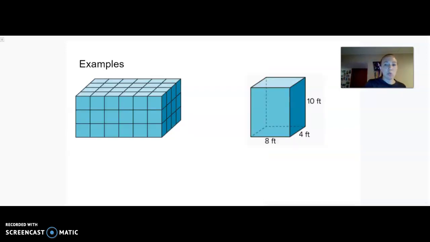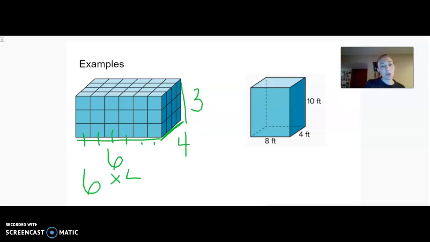Okay, so we'll do this first one together, then you'll try the next one. Let's figure out what the length is first, because it doesn't tell us. We have to count. 1, 2, 3, 4, 5, 6 is the length. The width is 4. The height is 3. So I do 6 times 4 times 3.